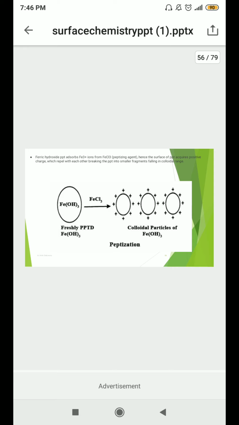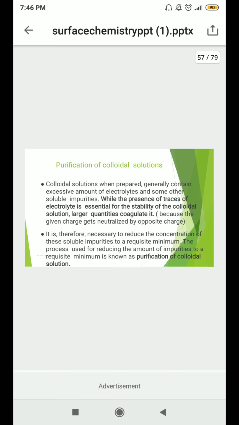The ferric hydroxide precipitate absorbs the ferric ion from the FeCl3, which is known as the peptidizing agent, and the surface of the precipitate acquires a positive charge. You can see in this picture, the charges repel each other, breaking the precipitate into small fragments falling into colloidal range.